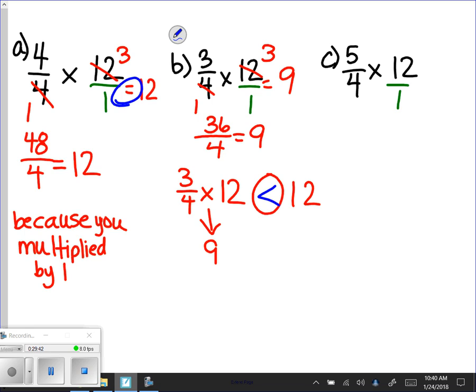What number? 3. Because this fraction right here was less than 1. Any fraction that I put here, if it's less than 1 whole, my end product is always going to be lower.